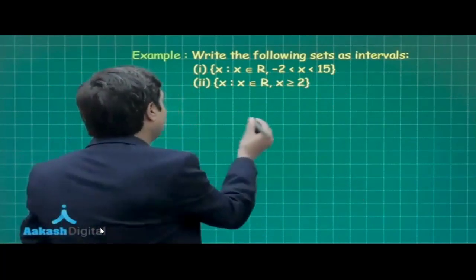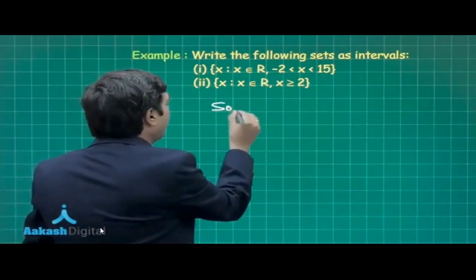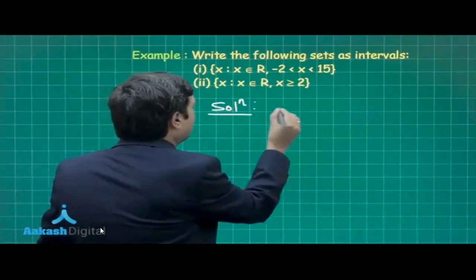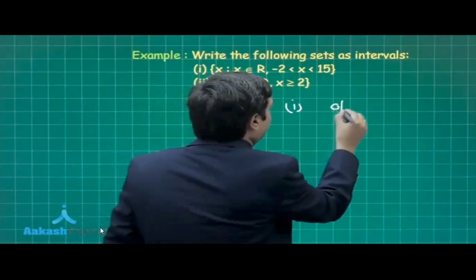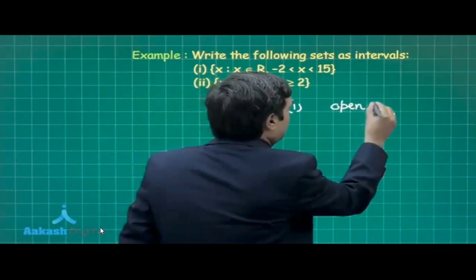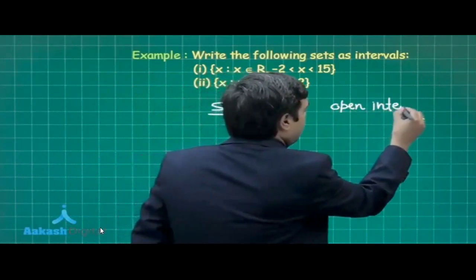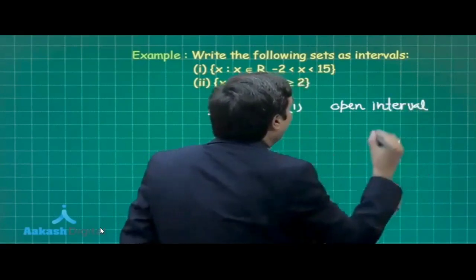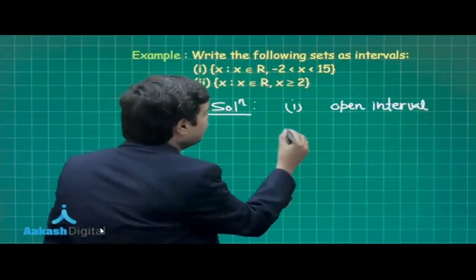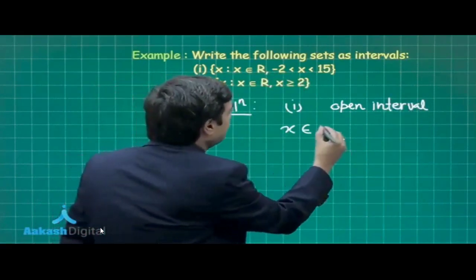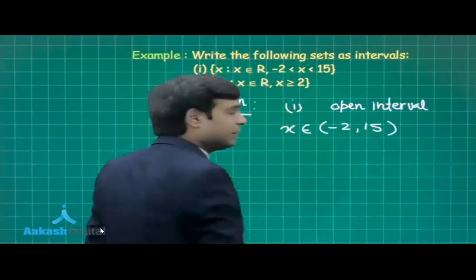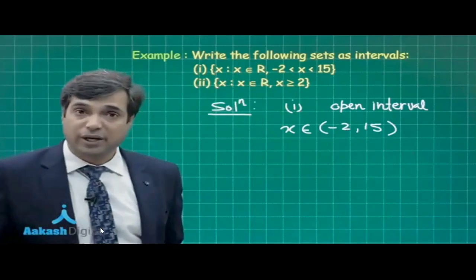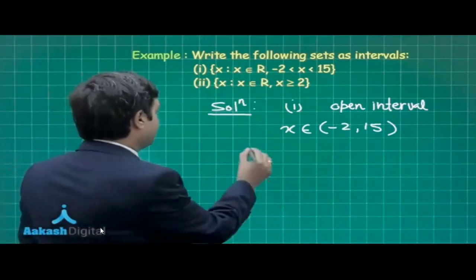So clearly this is an example of open interval. And how do we represent it? We can say X belongs to (-2, 15), both excluded. Correct?